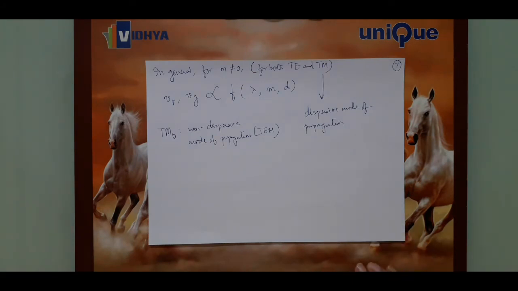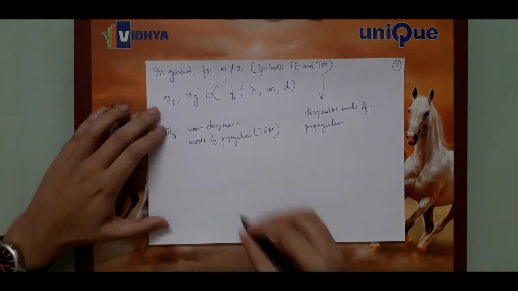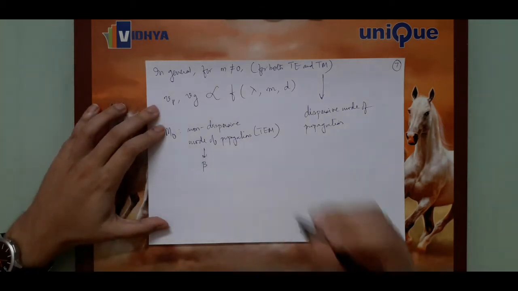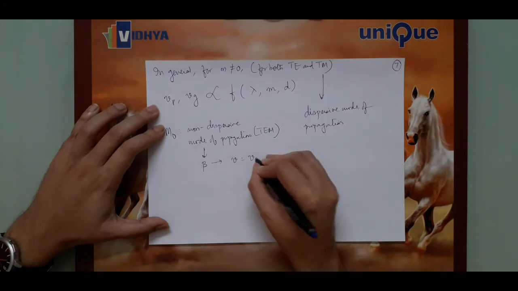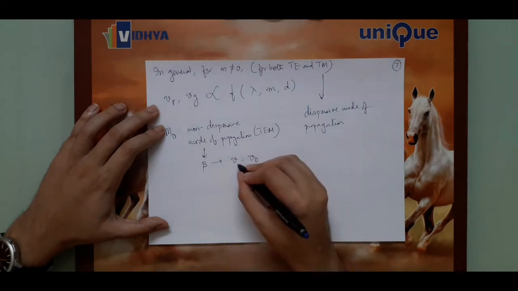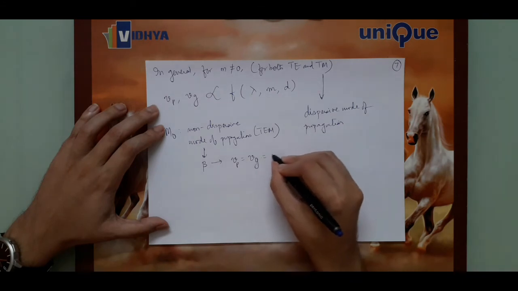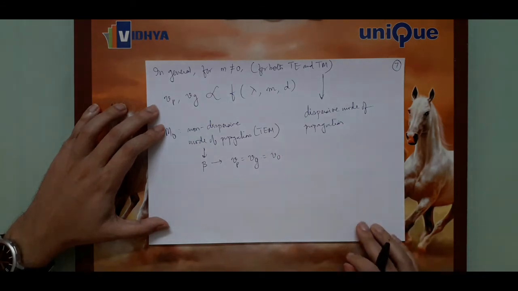So what is the characteristic of TM0? The characteristic of TM0 is that its phase constant is still beta, and that makes the velocity equal to V0. So effectively Vp is equal to Vg, which is equal to V0.